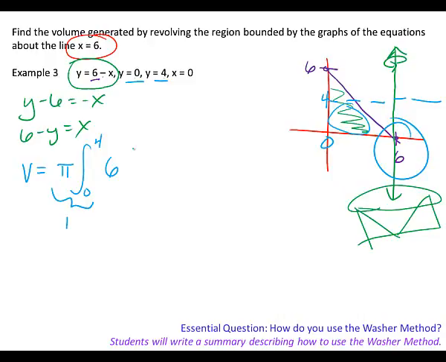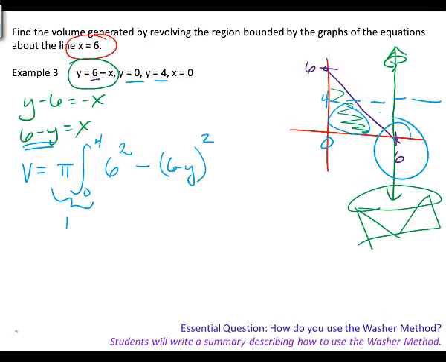Because of where the gap is, this purple line is not touching the axis of rotation. Do we see that? So that means I have to do 2 separate circles. So I'm going to do 6 squared minus, what's my other function in terms of y? 6 minus y squared.